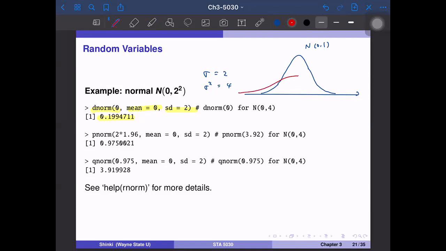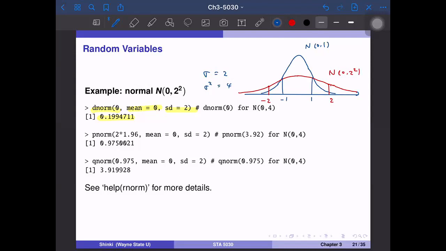Okay, so this is normal 0, 2 squared. So the inflection points for the blue one are 1 and -1, but for the red one, -2 and 2. So we see standard deviation is 1 here, but for the red one, 2.